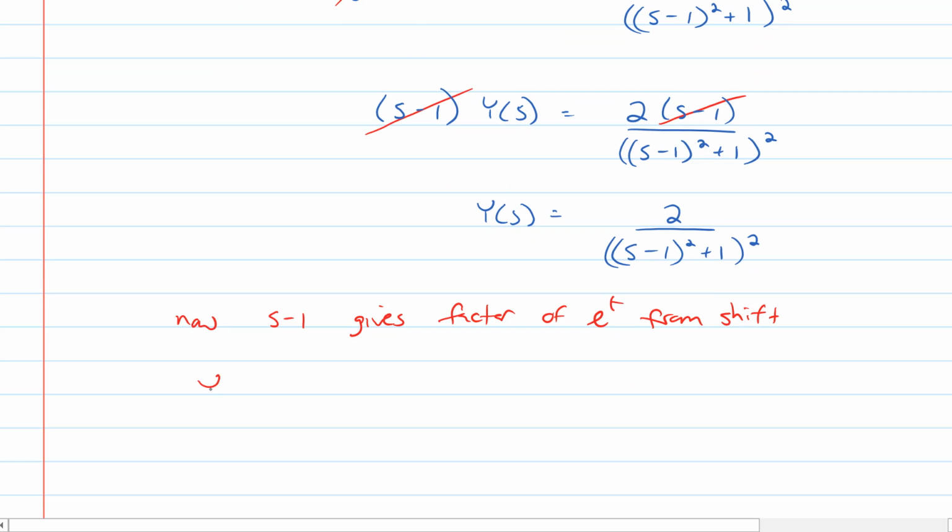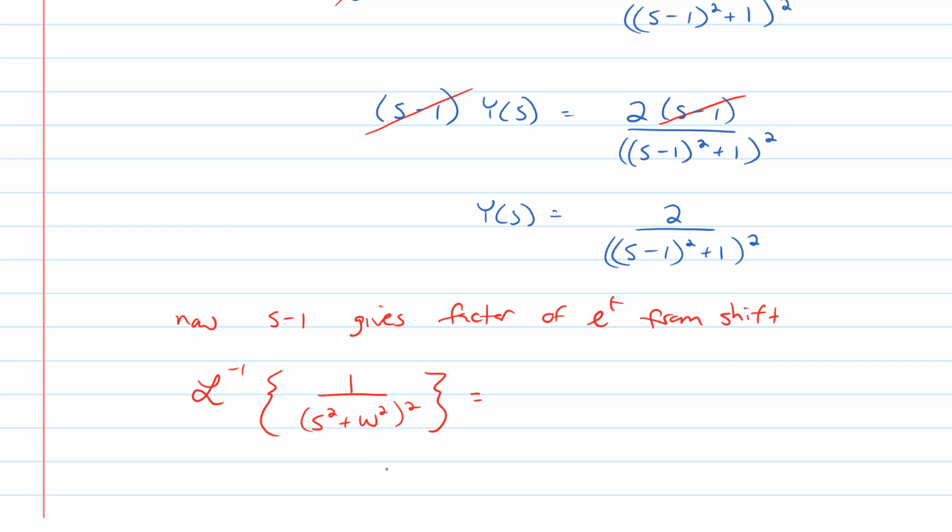And if we look at what we have on the right-hand side, it kind of looks like 1 over s squared plus omega squared all squared, where the e to the t takes care of the s minus 1 part.